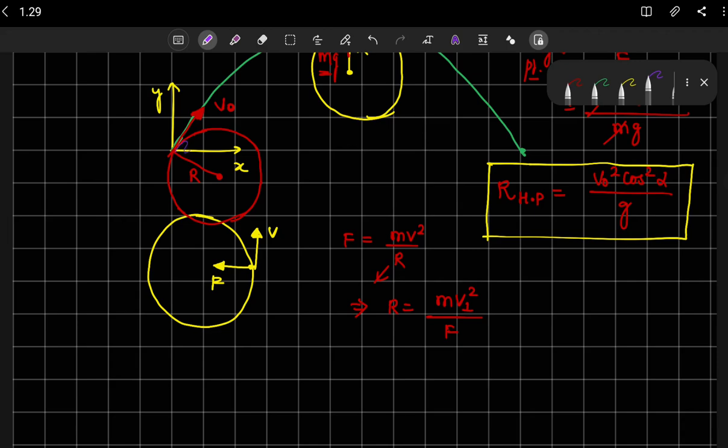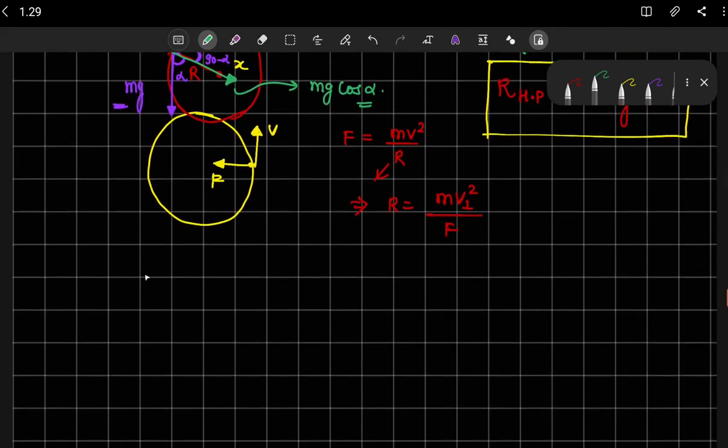And if we talk about the force, mg is acting in this direction, and we know this particular angle is α. So this angle will be 90 minus α, and this angle will be α. Now the force in this particular direction towards the center: if we take the component of mg in this direction, we get mg cos α.